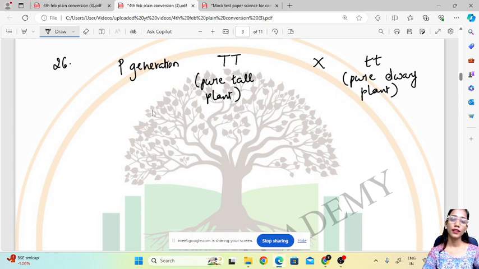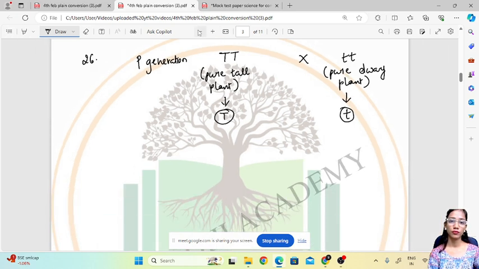Okay, now the gametes over here will be only one type, T, right, and over here also it will be only one type, small t. Okay, now we need to see the F1 generation, the first generation after crossing.